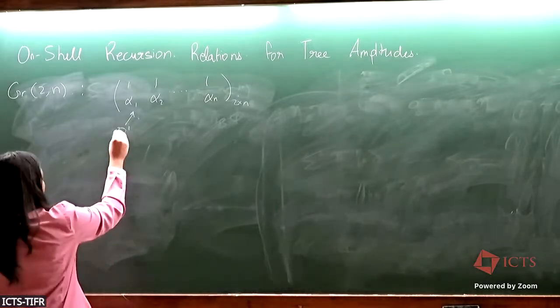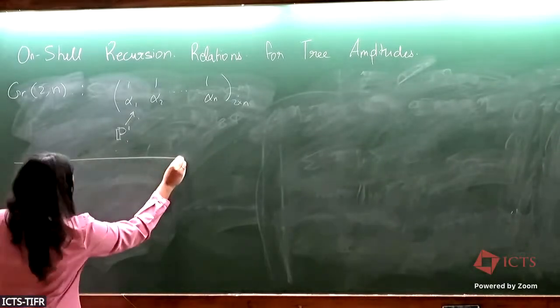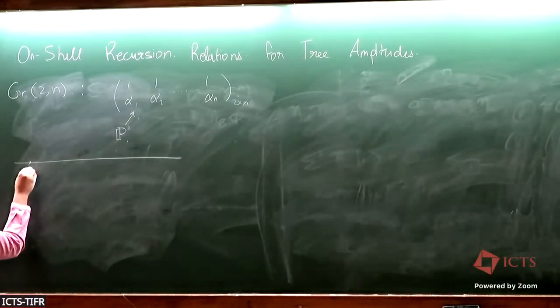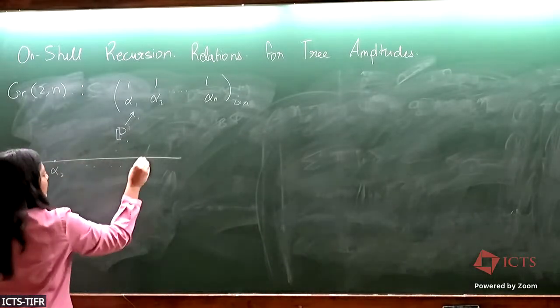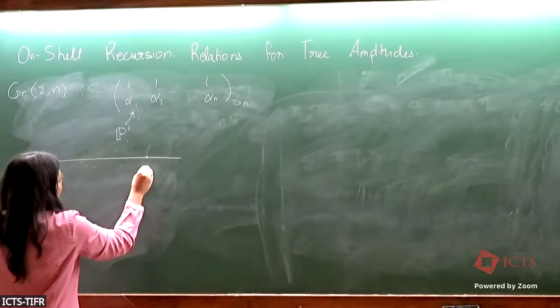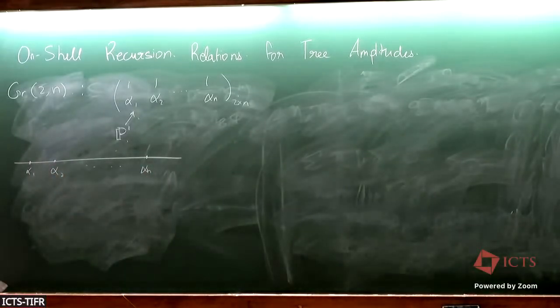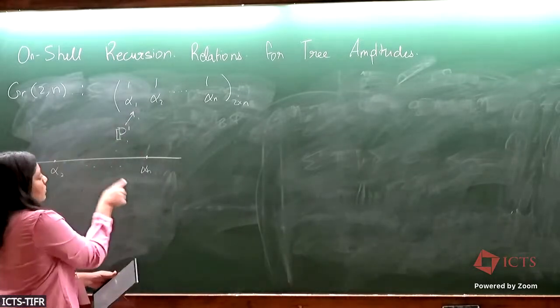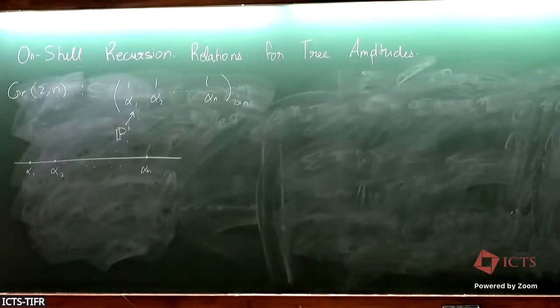And we know that these are projective. So all I'm saying is that I have a line, and that all of these alphas are just points on this line. Line meaning a line in P1. They live in P1. You can visualize this as being on a line. Right? So each of these is now the points over here. This is just a visual representation of the 2 cross n matrix.